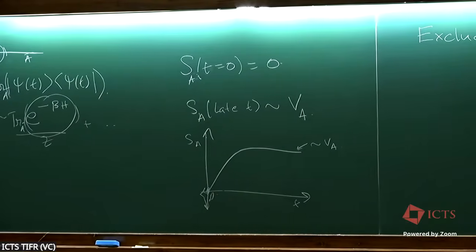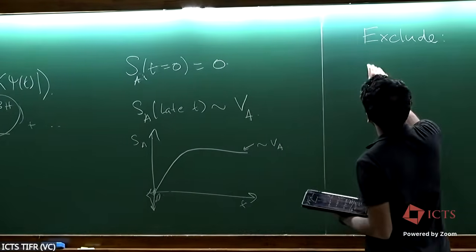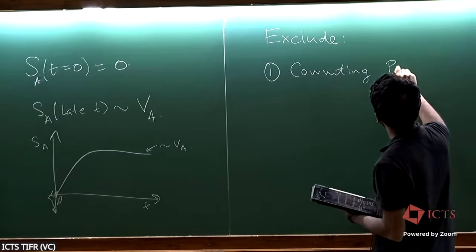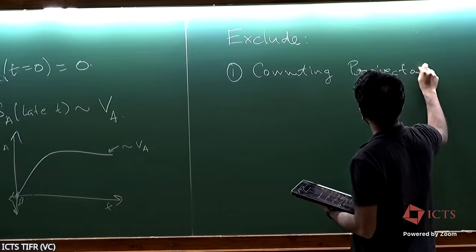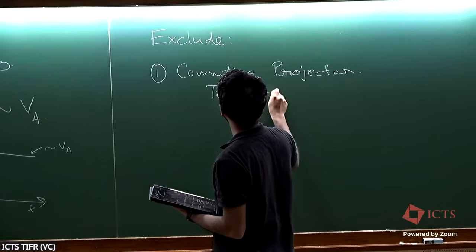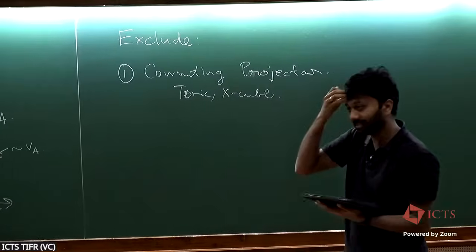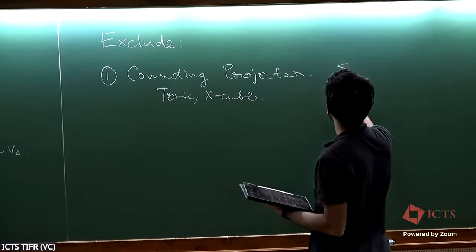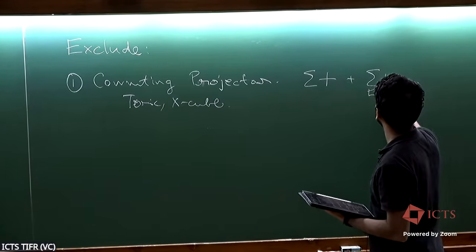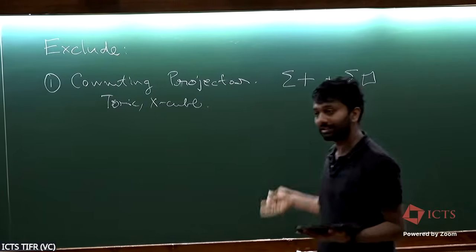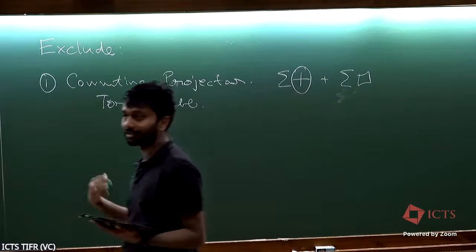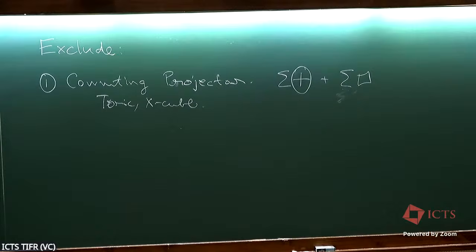So if your Hamiltonian is a commuting projector Hamiltonian, for example, the toric code or the X-cube model, this has too many symmetries. The toric code Hamiltonian was basically a sum of plaquette and star terms, and all of these commute with each other. So it's almost like each of these terms commutes with the Hamiltonian itself, right? So it has too many symmetries, and in fact, all of this would break down.